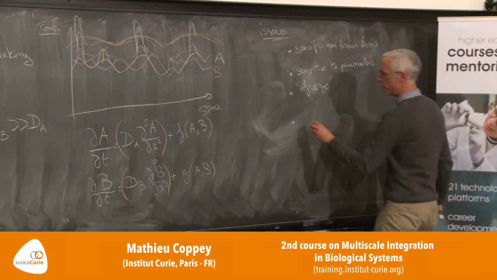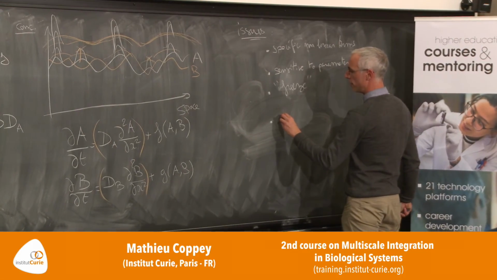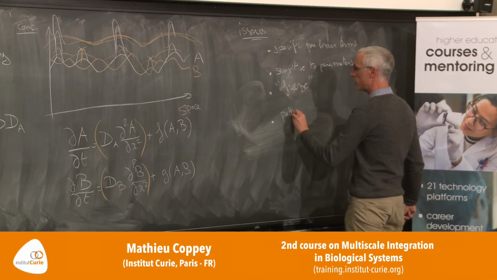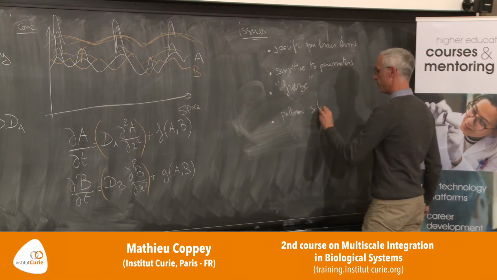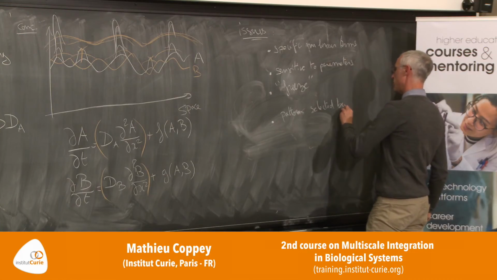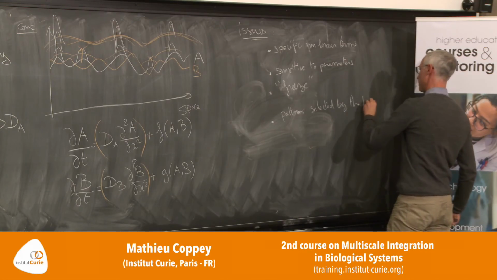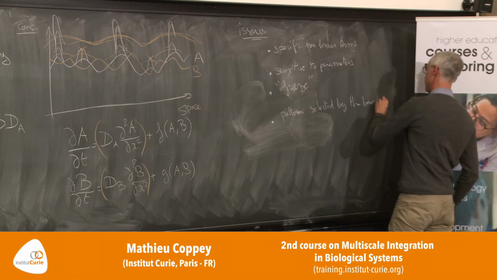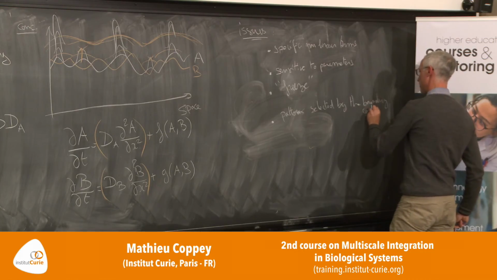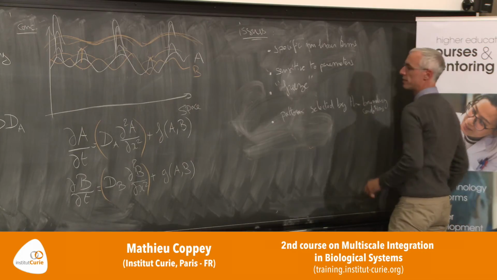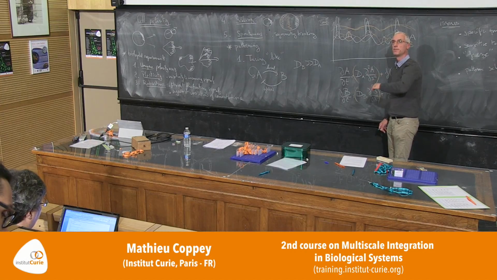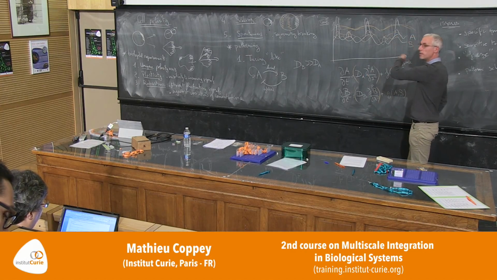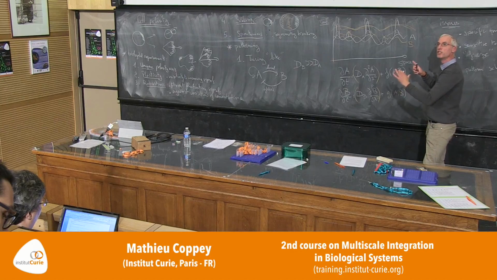Also, the patterns can be selected by the boundary conditions. To know if you are going to have vertical or horizontal stripes, for example, because you don't know whether they're going to go in that direction or this one, the geometry of the system is going to select which one.